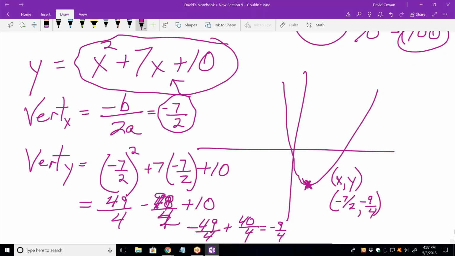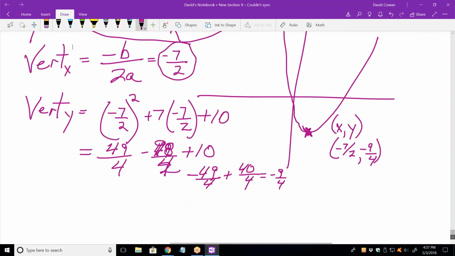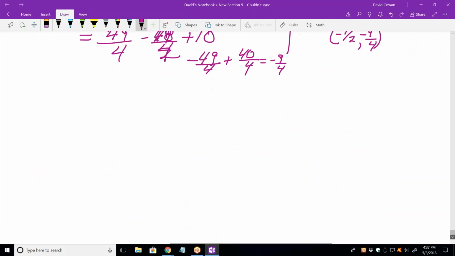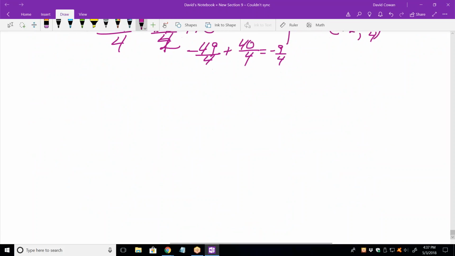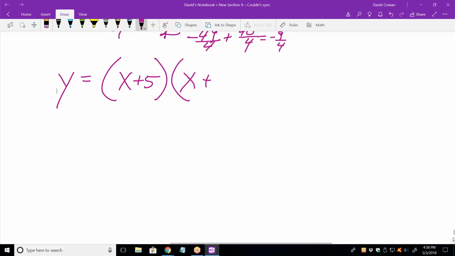Now, let's say they didn't give us the equation as x squared plus 7x plus 10, but they gave us the equation as x plus 5 times x plus 2. Notice that's the same thing. Had we factored that, we would have gotten x plus 5 times x plus 2.